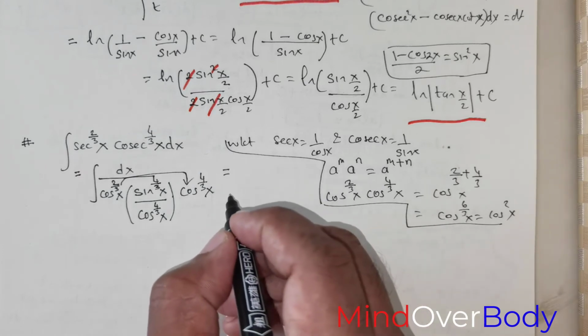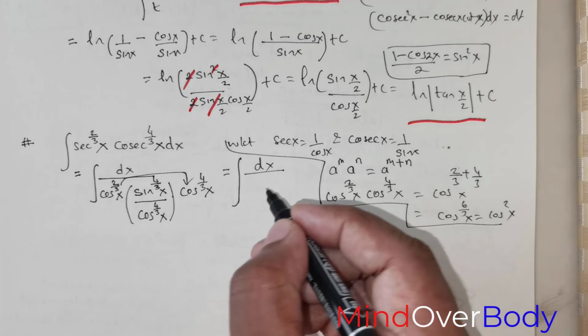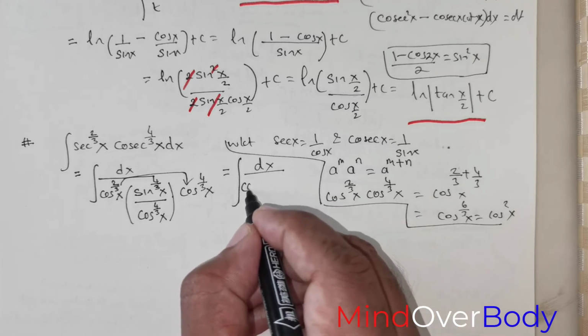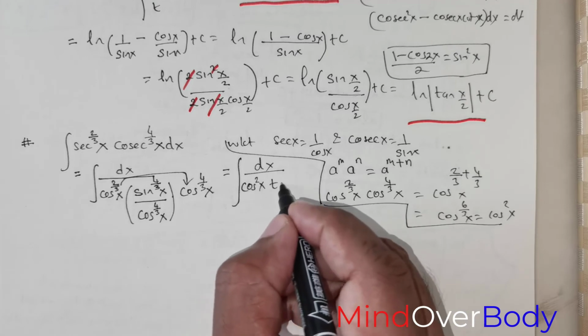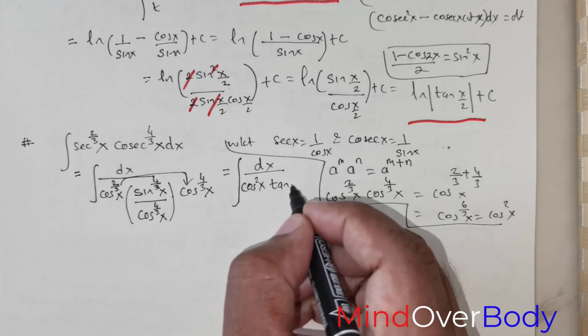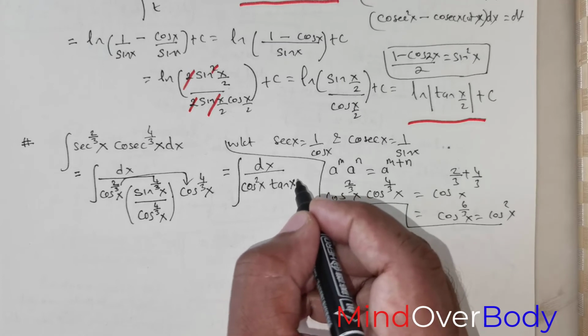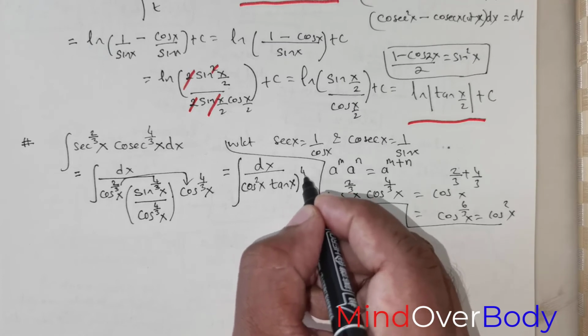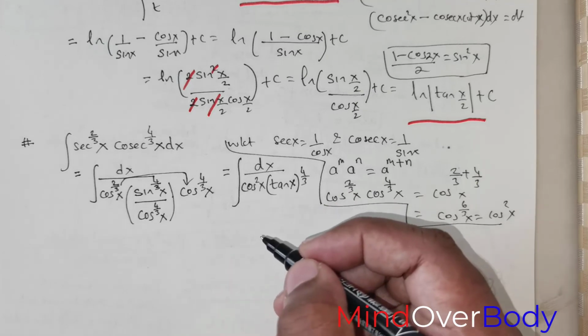So that's exactly what I'm going to write. So this is equal to integral dx over cos squared x, and sin over cos is tan, so I can write it as tan x raised to the power of 4 over 3. I can always do that.